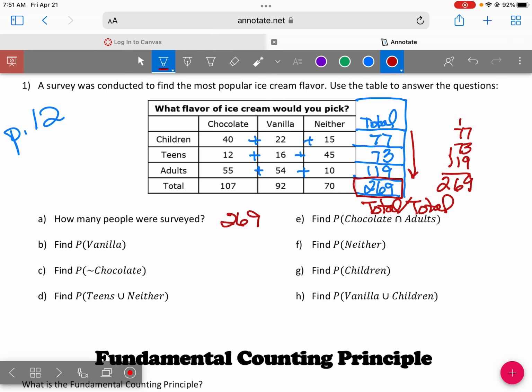Letter B, find the probability that someone's favorite ice cream is vanilla. Somebody other than Bjorn. 92, because here's vanilla. We're going for the total, so that's 92 out of our total 269.